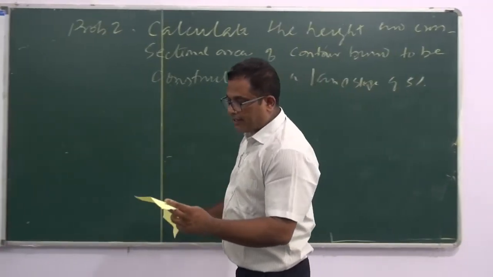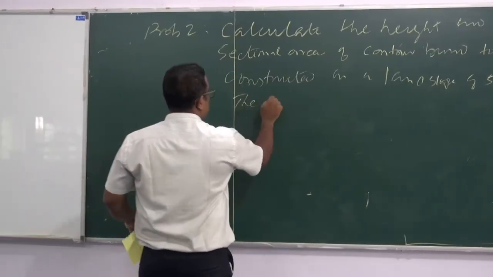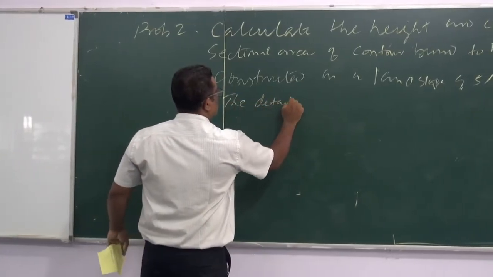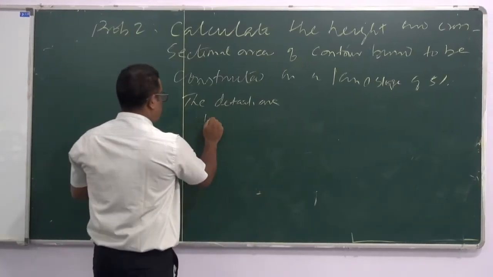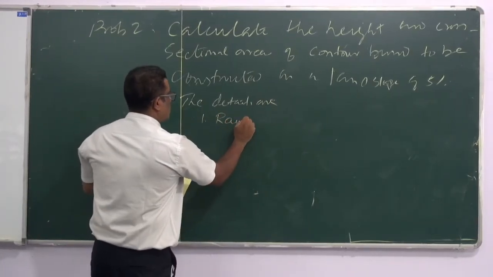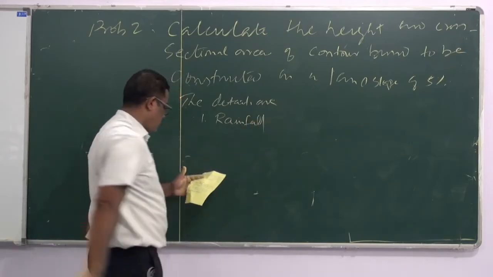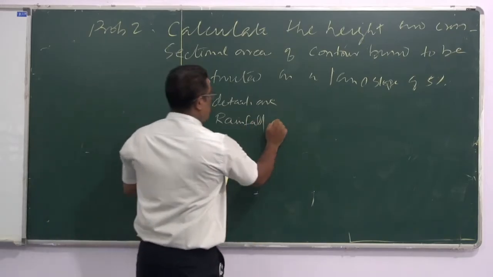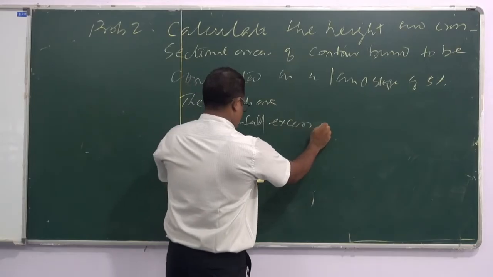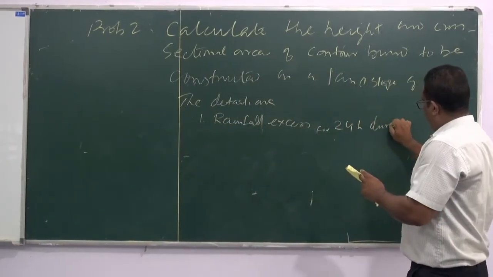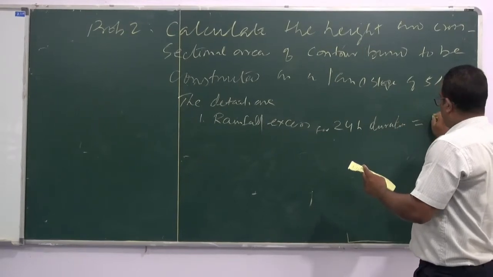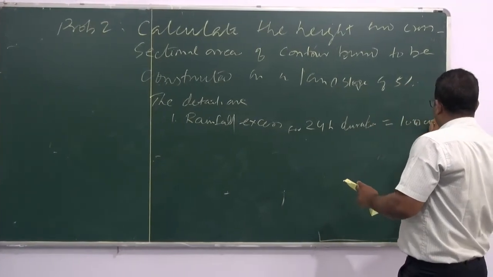The other details are, one, rainfall excess for 24-hour duration equal to 100 centimeter.